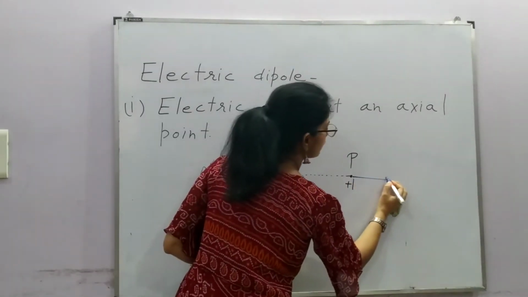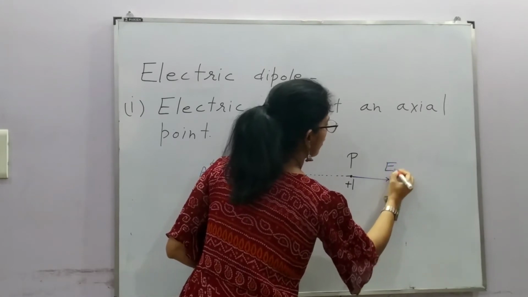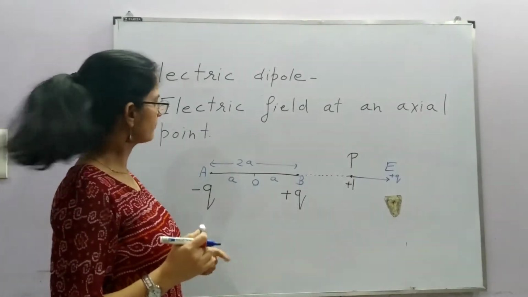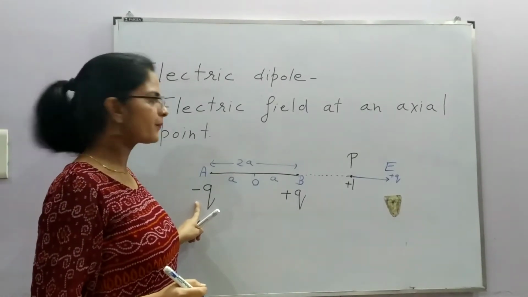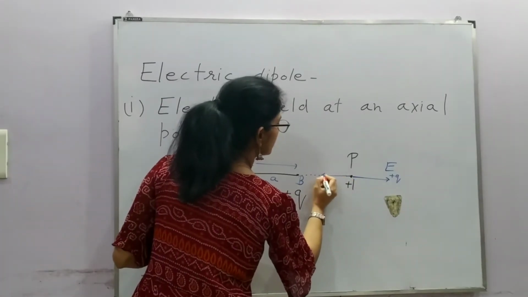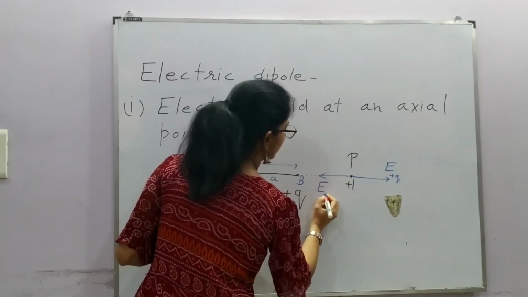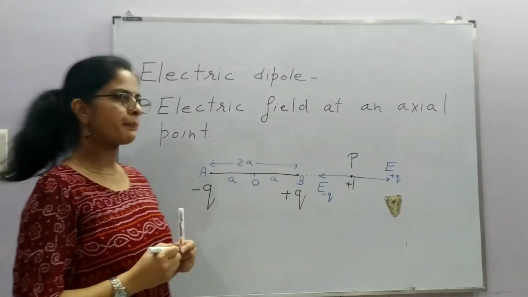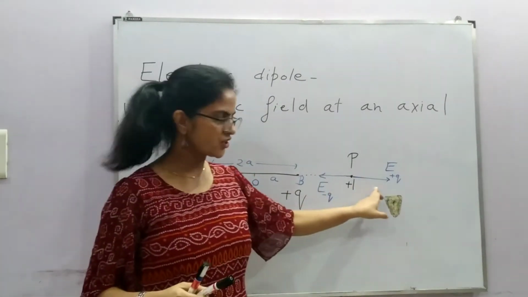So this will be the direction of the electric field due to plus q charge. Now this is a negative charge, so it will attract this charge. So this would be the direction of electric field due to minus q charge. We know that these are in opposite directions.